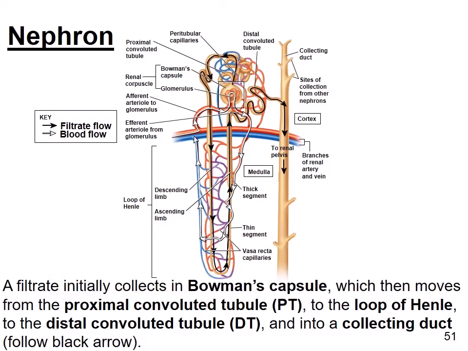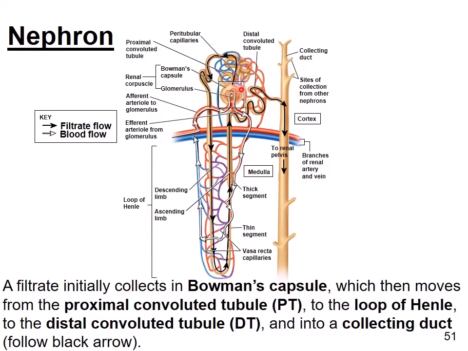The whole thing's very twisty and tricky to see, so deep breath. We're going to go over the nephron, and then we'll go over it more later. But to orient you here, we have the collecting duct, which actually isn't part of the nephron, but many nephrons attach to the collecting duct. And we have this arteriole here, which is a very small diameter artery.